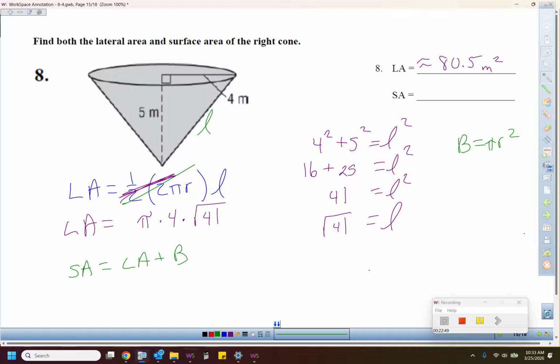Find that base area, but leave a pi with him. You're welcome to write 4 squared down there, but I personally think it's just faster to go straight to the 16. Right? Did you get 16 pi?